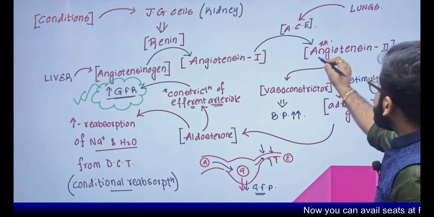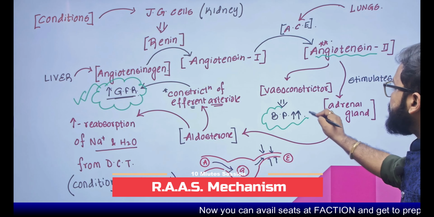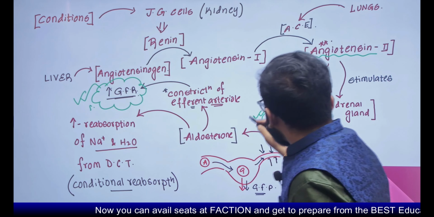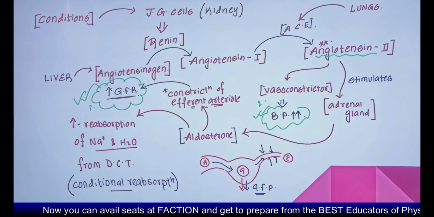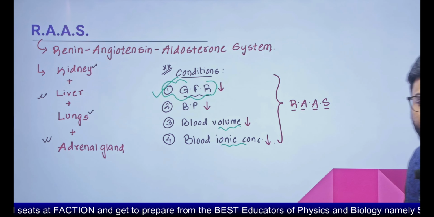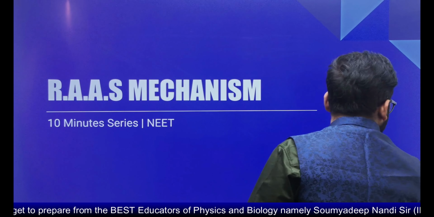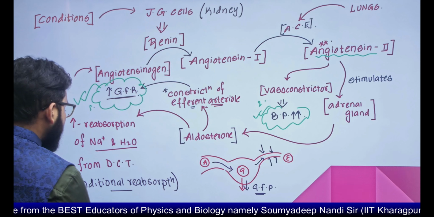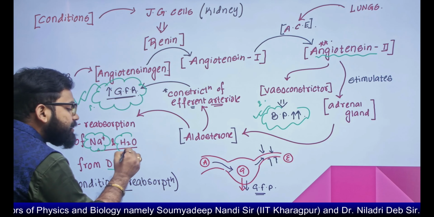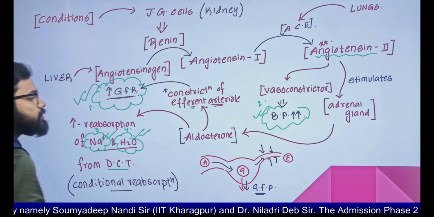Definitely yes. The angiotensin 2 acts as a vasoconstrictor and increases the blood pressure. So our second problem is solved. The third problem was blood volume and blood ionic concentration. This problem is also solved as DCT reabsorbs sodium, that is ion, and water. So our third and fourth problem is also solved.